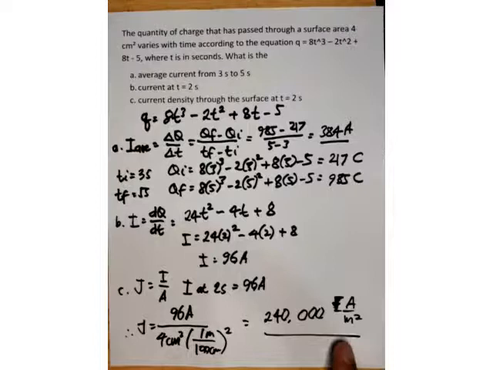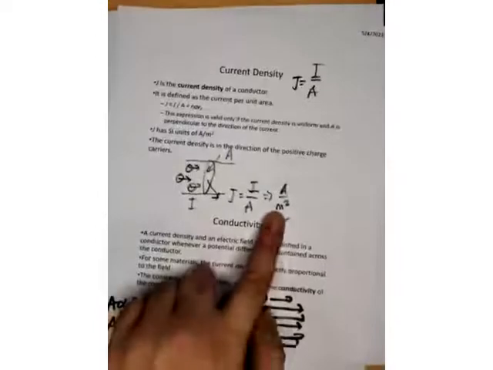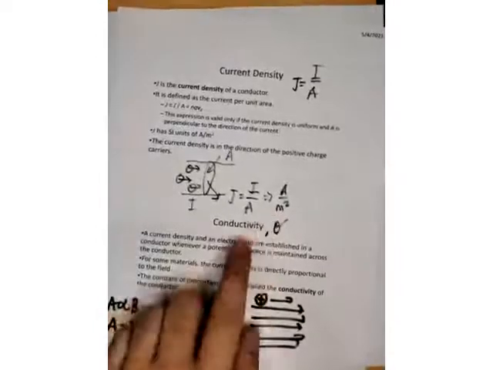Bakit kinonvert? Ang SI unit kasi natin ay meter squared. That's the SI unit of current density. Okay?